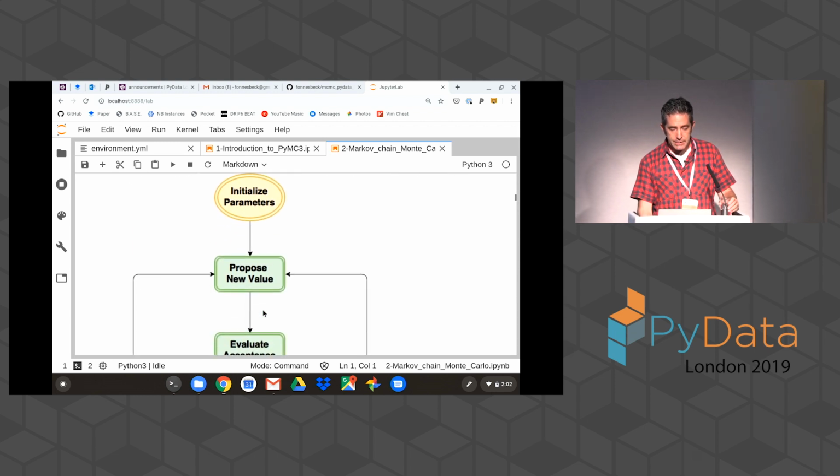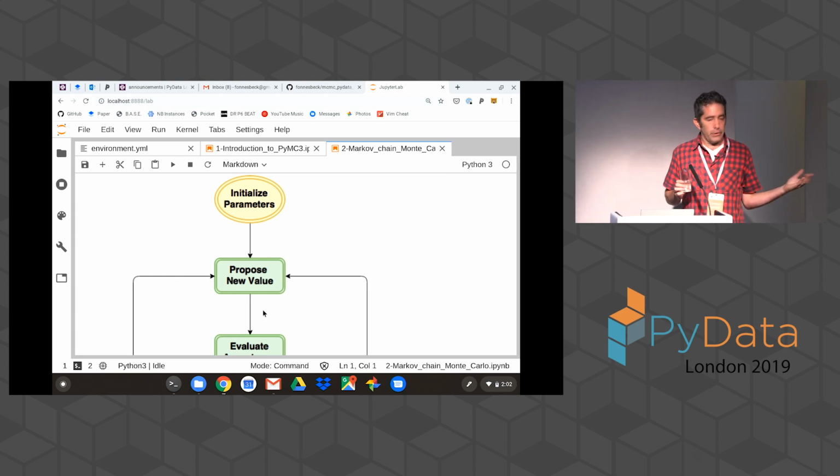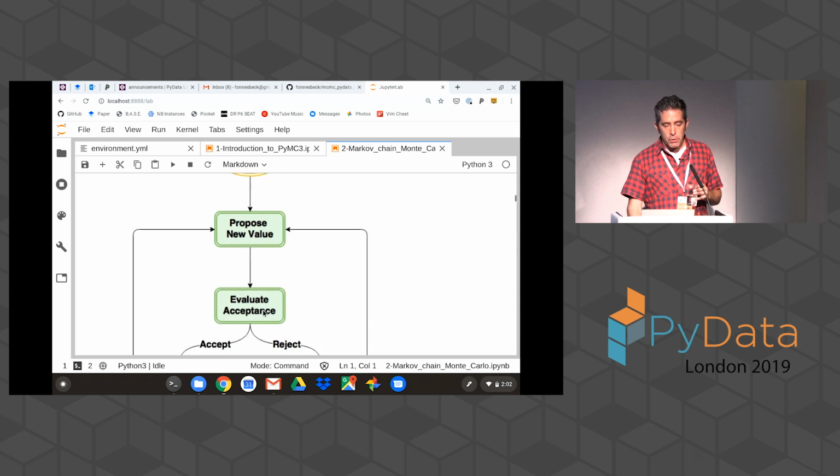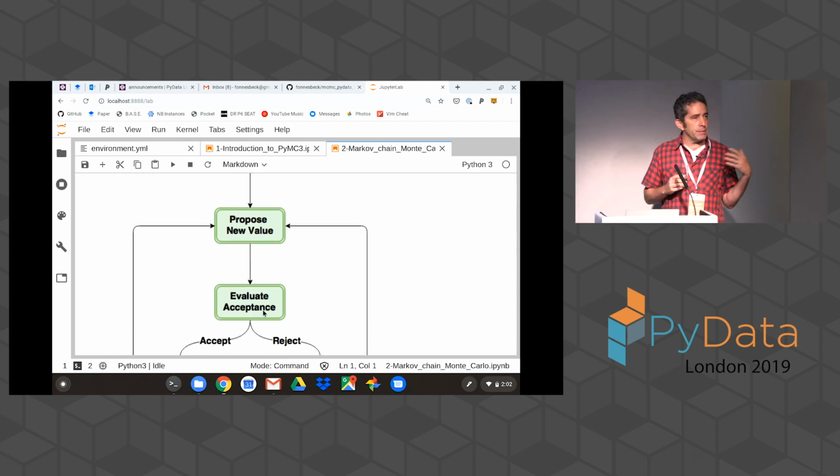The idea here is that you initialize the parameters of your model arbitrarily, and you propose new values. And the way you propose new values is through some sort of proposal distribution. So we have some auxiliary distribution that is easy to sample from and work with. A normal distribution will do, something like that. You propose a new value.